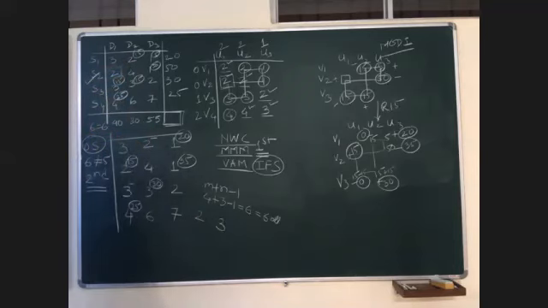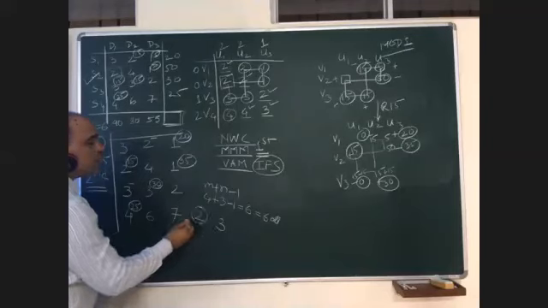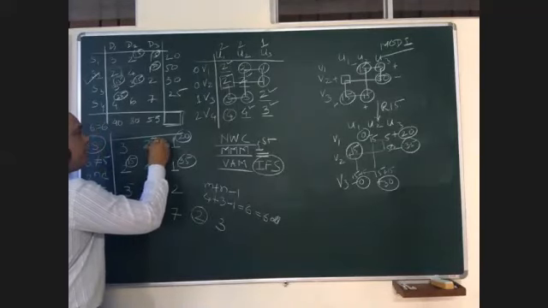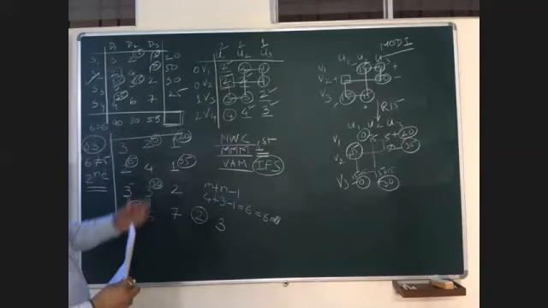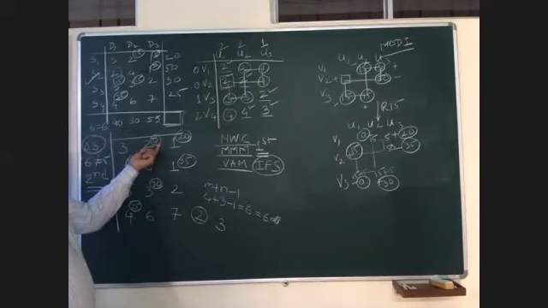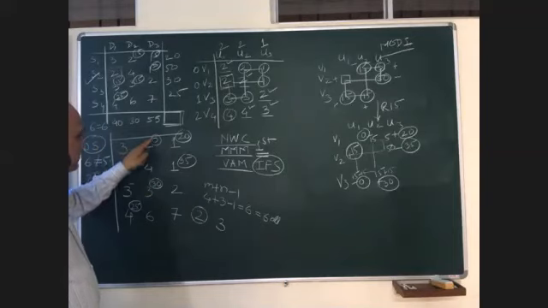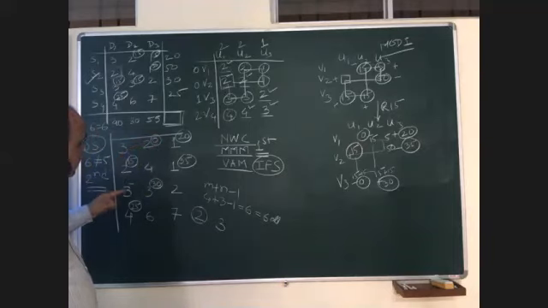Which one is lower cost? 2 or 3? 2 is lower, right? So at 2, I will allocate an infinitely small unit, either theta or 0.